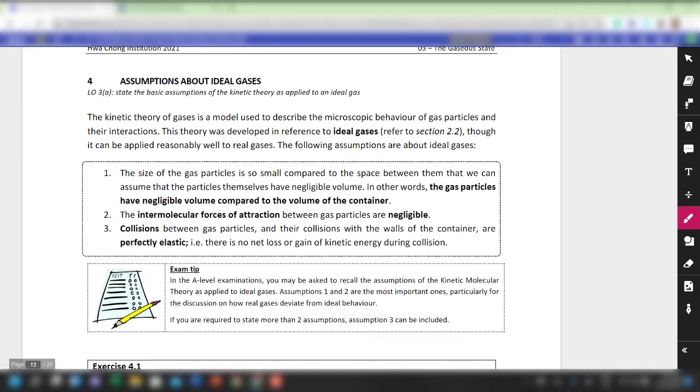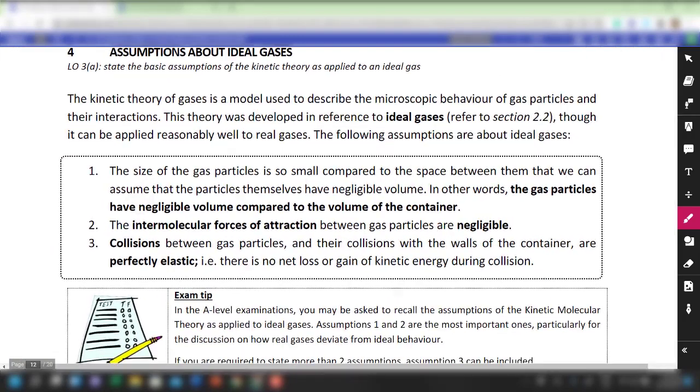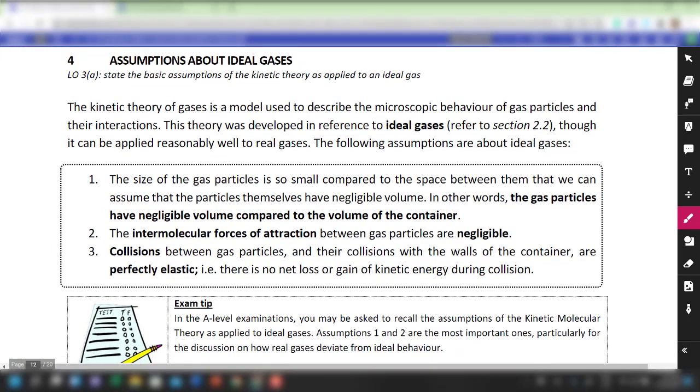Then we have section 4, which is a very important learning objective in quite a lot of exams, because this is a very popular recall kind of question that they will ask. It's related to the assumptions of ideal gas, and it is actually based on the kinetic particle theory. There are 3 assumptions which you need to know.